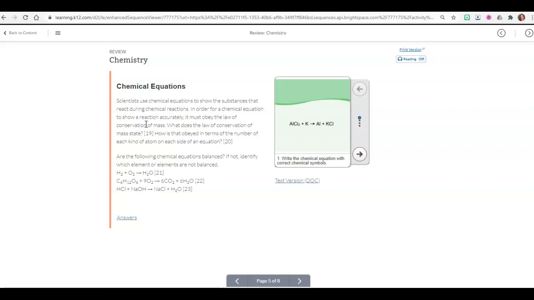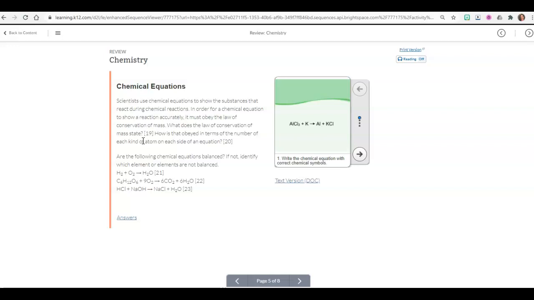In order for a chemical equation to show a reaction accurately, it must obey the law of conservation of mass. So remember, it has to be equal on both sides. And what does the law of conservation of mass state? You need to have that in your notes. Matter is not created or destroyed, so they are always going to be equal.